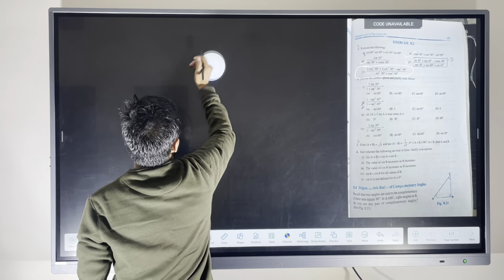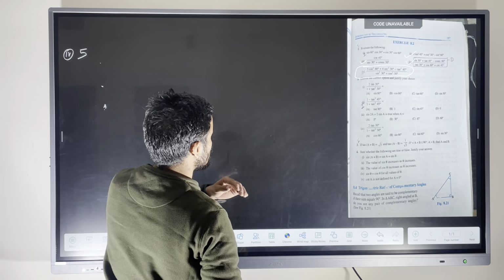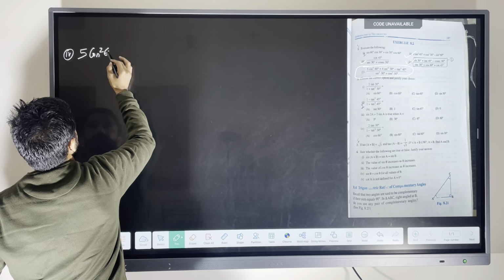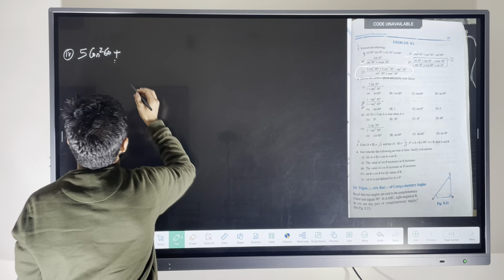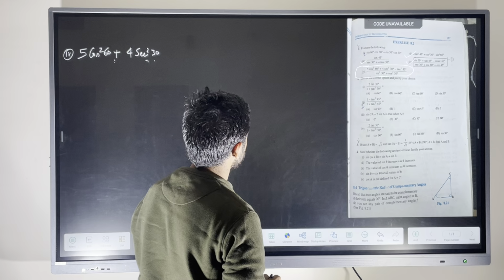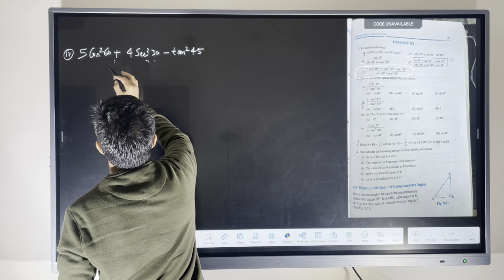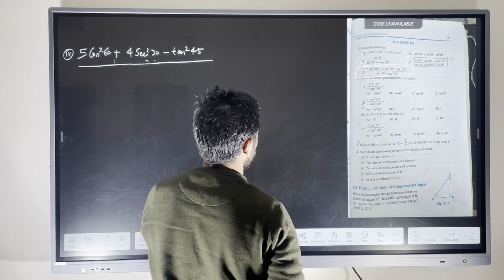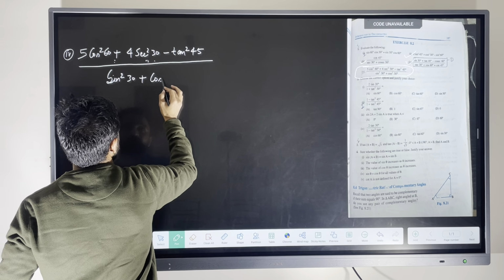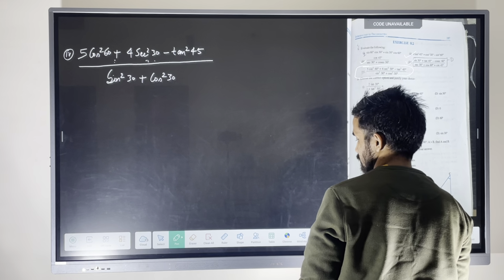Let's solve question number 5, fifth part. 5 cos square 60 plus 4 sec square 30 minus tan square 45, whole upon sin square 30 plus cos square 30.